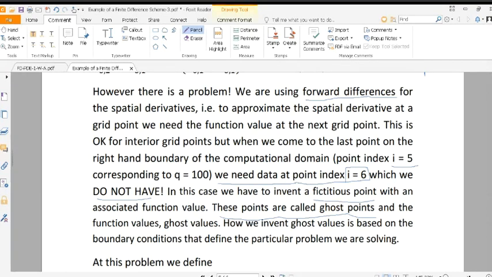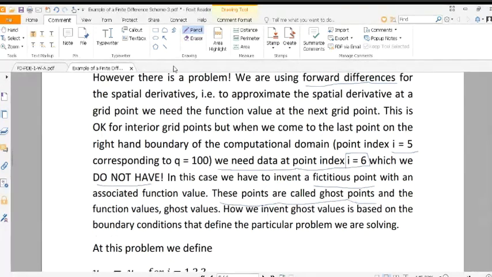This means we need initial conditions and also boundary conditions. The initial condition applies at the first step for t, and the boundary conditions are, for example, the left boundary condition and the right boundary condition.